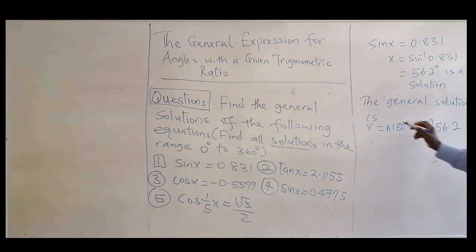So that's our general solution. Let's find the list of values. We check if n is equal to 0. I didn't even say that, your n is an integer. It could be 0, positive, or negative. So when your n is 0, you're going to have the first value be what?